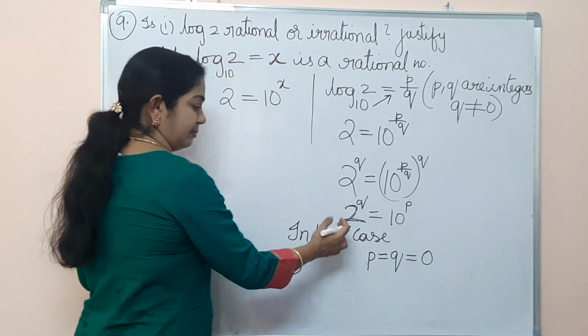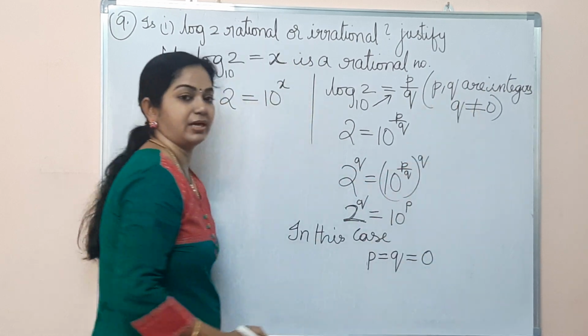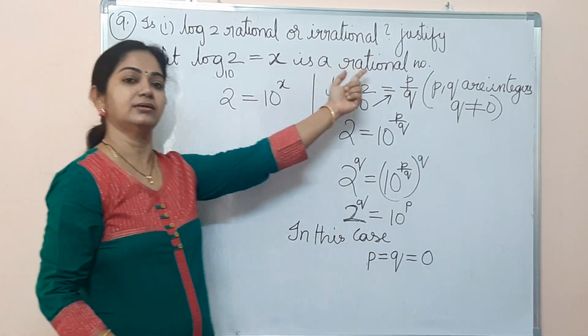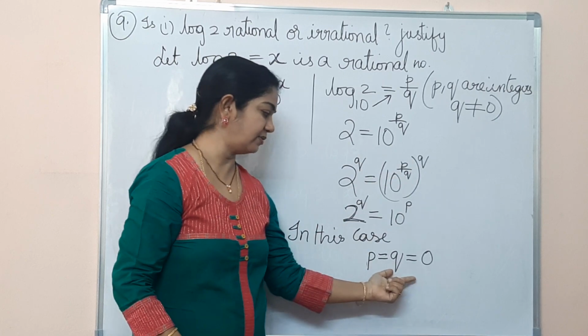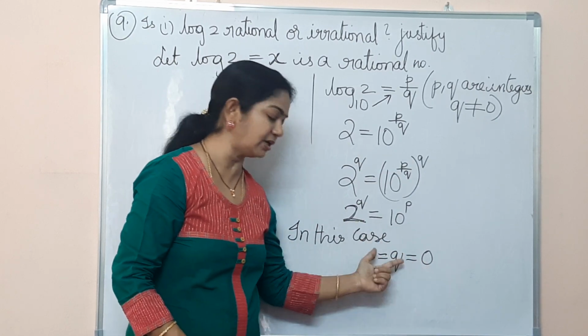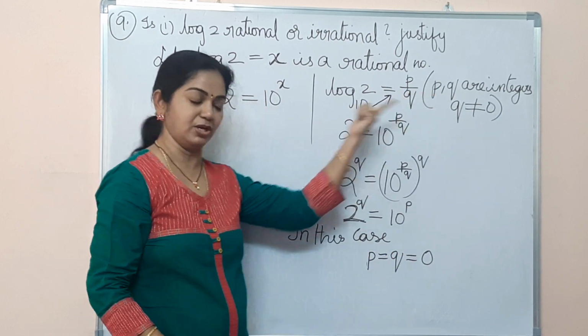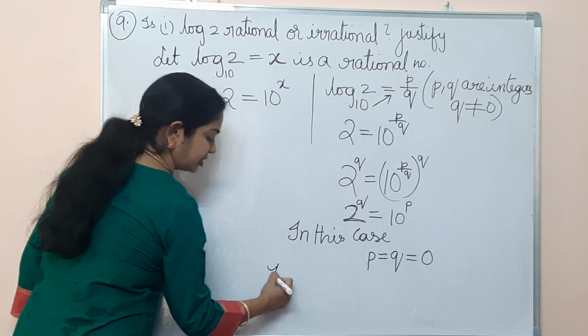But we know that the q value is strictly not equal to 0, as we said this is a rational number. Here we got that q must be 0, but q is not equal to 0. So a contradiction arises.